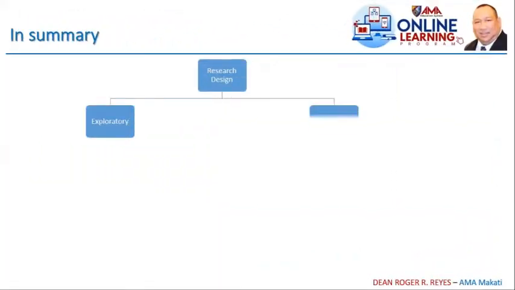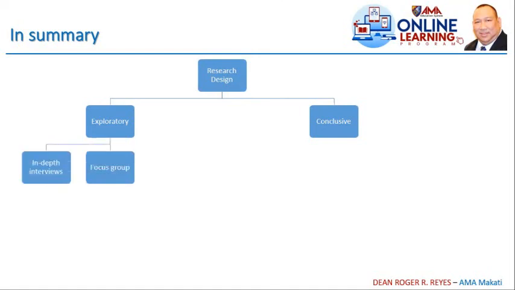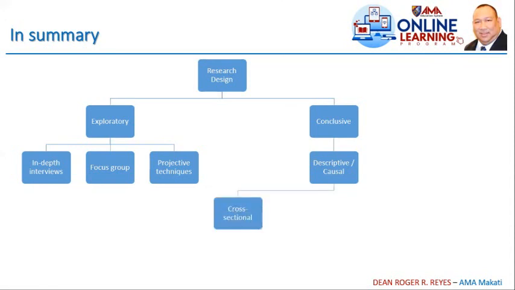So, let's summarize. Under the research design, you have two: exploratory and conclusive. In terms of exploratory, you can gather data through in-depth interviews, focus groups, or projective techniques. On the other hand, conclusive is further divided into descriptive and causal.